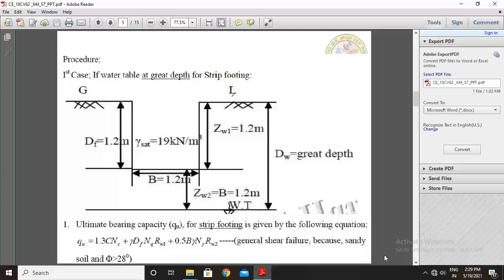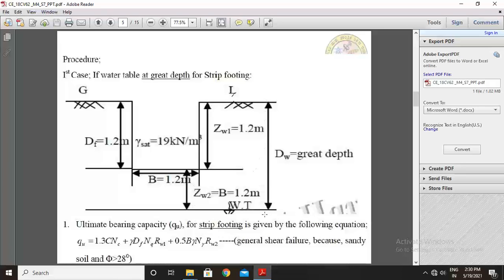Procedure. In the first case, water table at great depth, for strip footing. This is the footing dimensions: width is 1.2 meter, depth of the footing is 1.2 meter, saturated unit weight is 19 kilonewton per cubic meter, depth of water table is great depth, meaning below the footing.